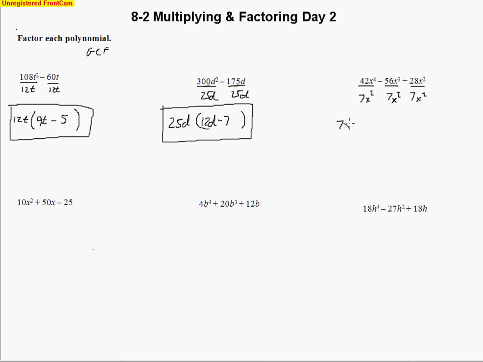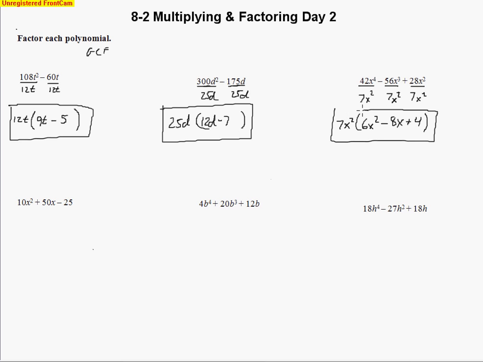So 7x squared goes on the outside, and you do the division. Parentheses around the width of the problem, do the division with each of these terms. 7 goes into 42 6 times. x to the 4th over x squared just makes x squared. Then here I have 8x, and over here I have plus 4, and that would be our answer.